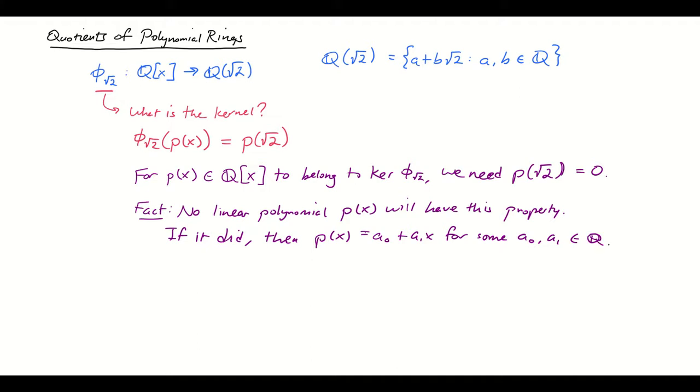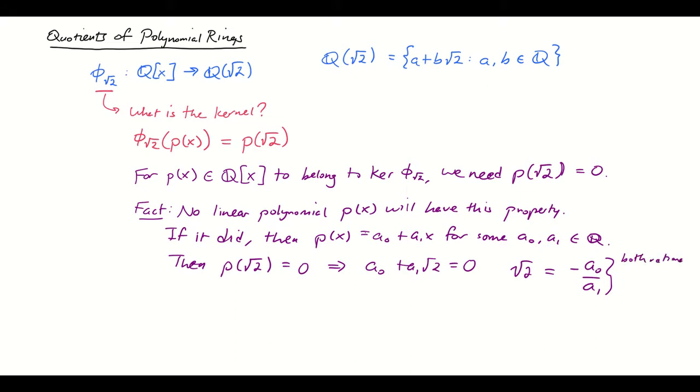And that's going to cause a problem for us because then we're saying that p of square root of 2 is equal to 0, which would mean that a naught plus a1 root 2 is equal to 0. But then if we solve that equation, we would get square root of 2 equals negative a naught over a1. And that's impossible because both a naught and a1 are rationals, so negative a naught over a1 is also rational. Okay, so there's not going to be any linear polynomial in the kernel of this homomorphism.